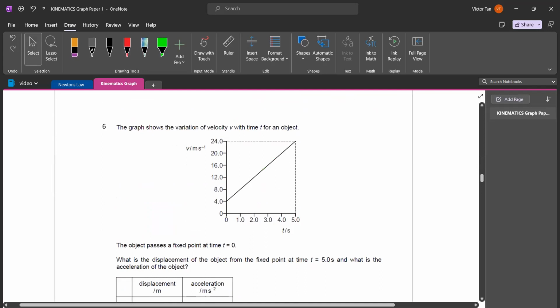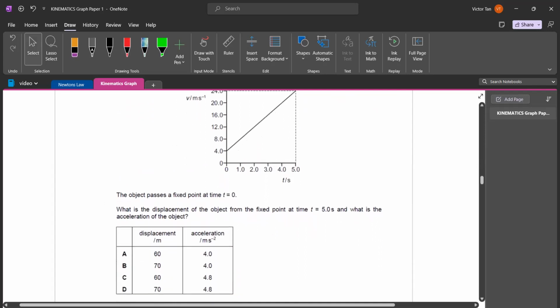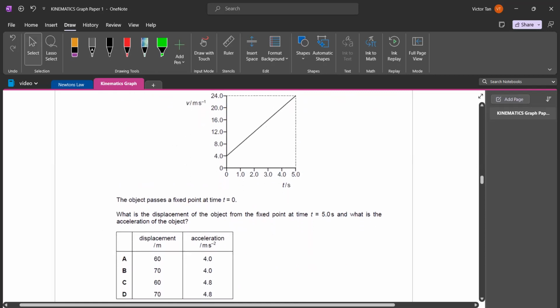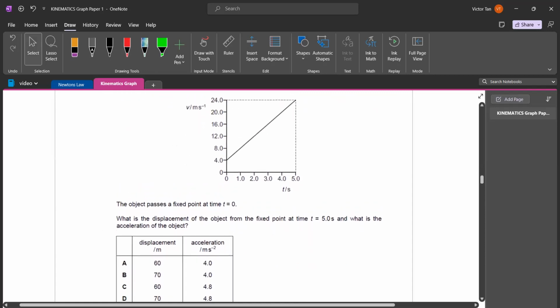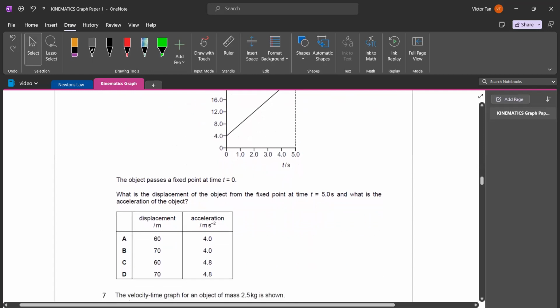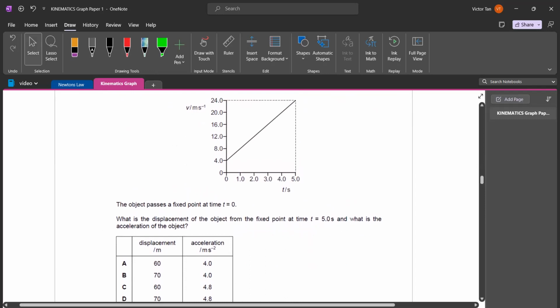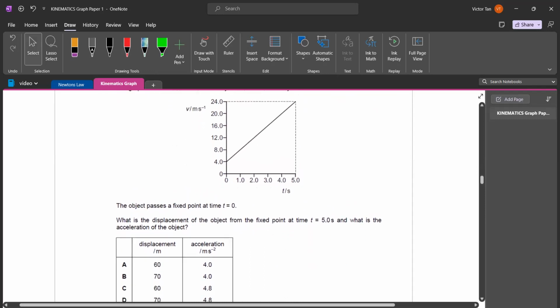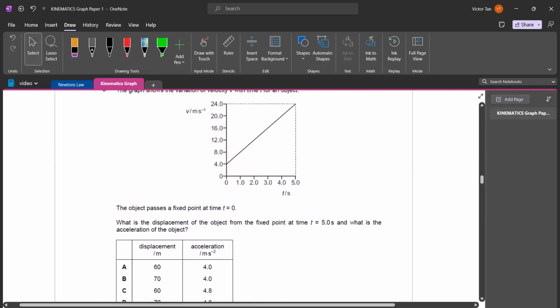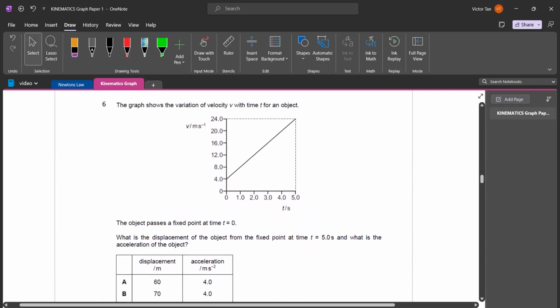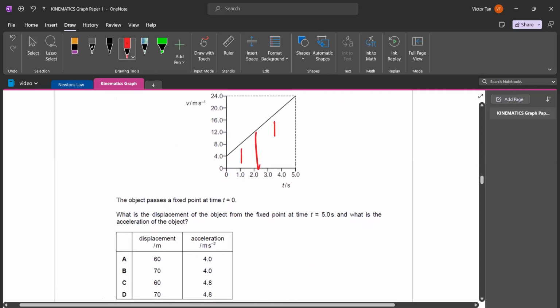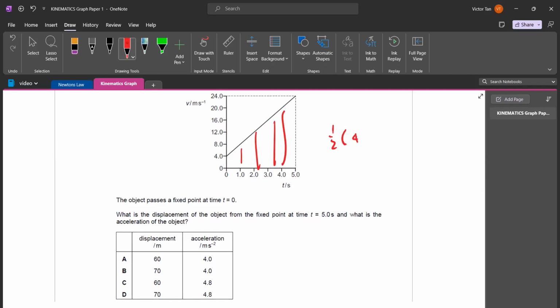The graph shows the variation of velocity with time t for an object. The object passes a fixed point at time t equals 0. What is the displacement of the object from the fixed point at time t equals 5? And what is the acceleration of the object? For the displacement, you need to find the area. Again, a trapezium: half times (4 plus 24) times 5.